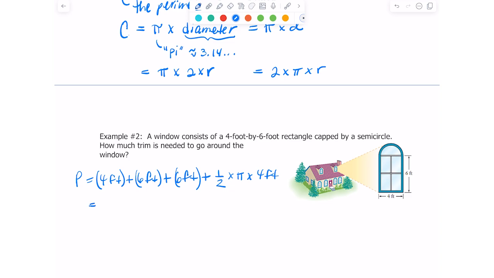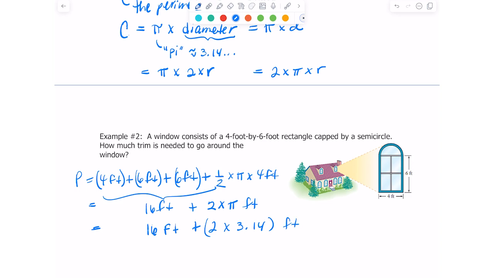So now I'm just going to add. I've got 4 plus 6 plus 6, so that's 16 feet, plus half of 4 is 2, so this is really just 2 times pi, and then of course it's feet. Okay, and I know pi is 3.14, so it's really just 16 feet plus 2 times 3.14 feet.